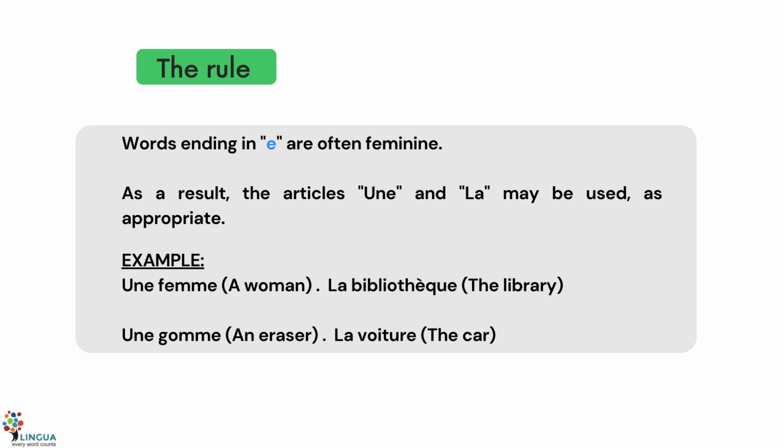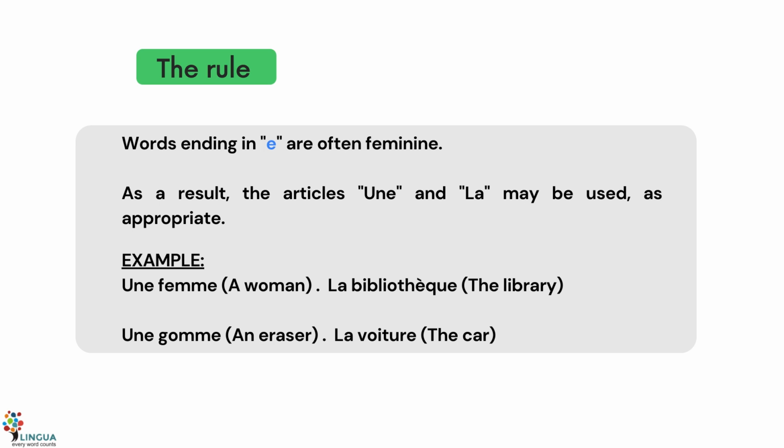But also, another hint would be that words that end in e mean that the word is feminine. But mind you, this is not all the time. So hence it's important to also engage with French content so you can find out the exceptions to this. But generally, words that end in e are feminine.